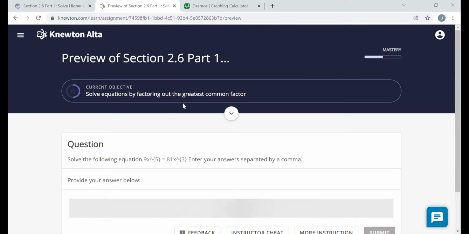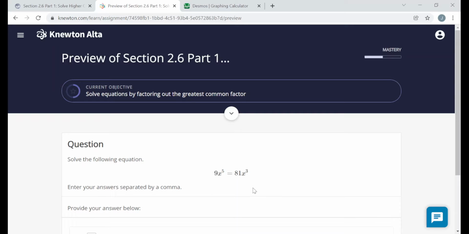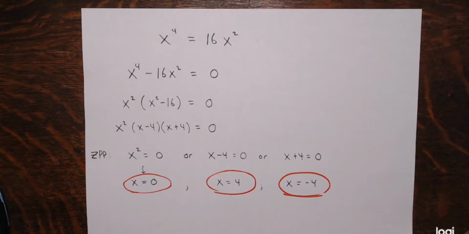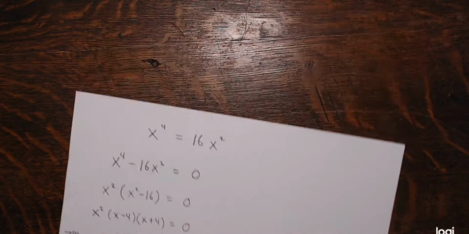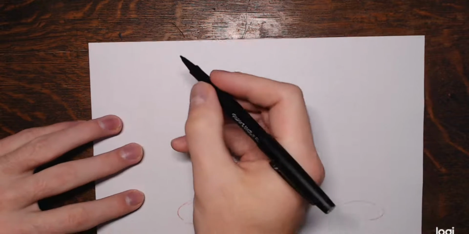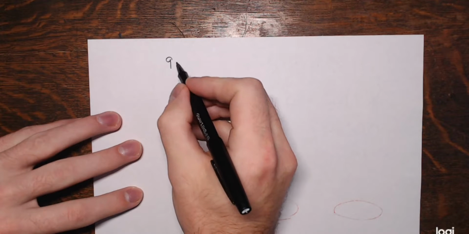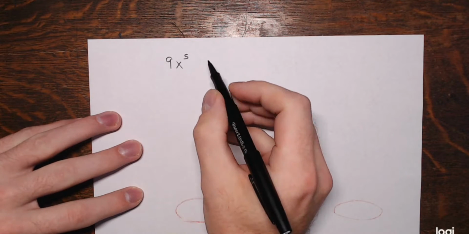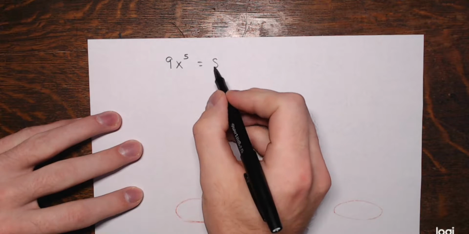Alright, still working in that greatest common factor area. Let's do that. Right. So I'll just write that equation out. We have 9x to the fifth equals 81x cubed.